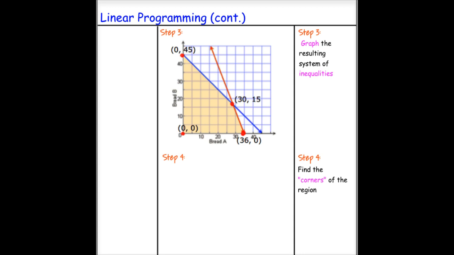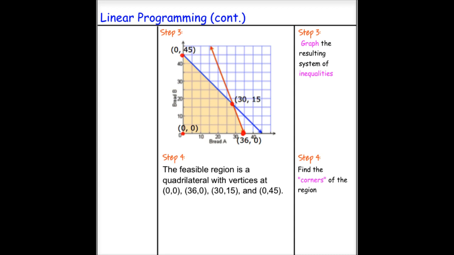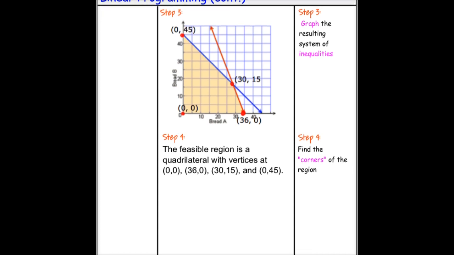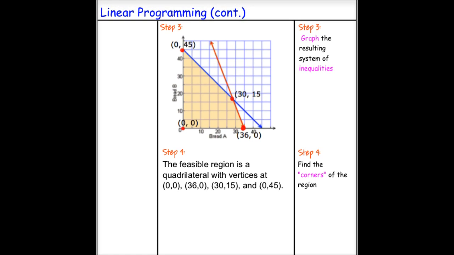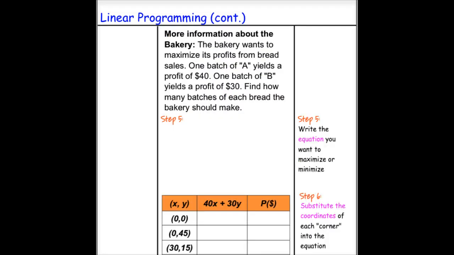So we've got our corners of our region, which are going to be this quadrilateral, vertices at 0, 0, 36, 0, 30, 15, and 0, 45. So now that we have these corners of the region, we're going to take those corners and move on to step 5, which is going to create that equation we want to maximize.